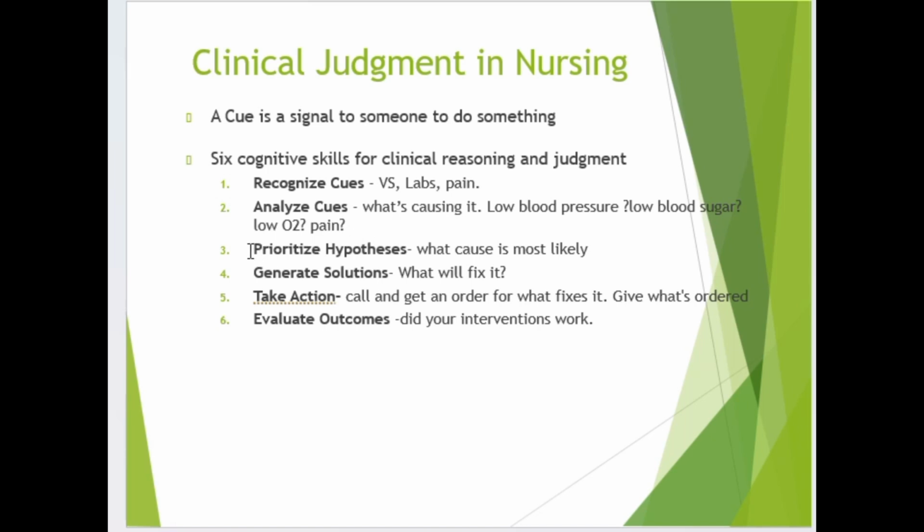Okay, try and prioritize a hypothesis, right? All right, so if your patient's in pain, it's coming from their chest, right? They've got chest pain. Well, that could be a heart attack.